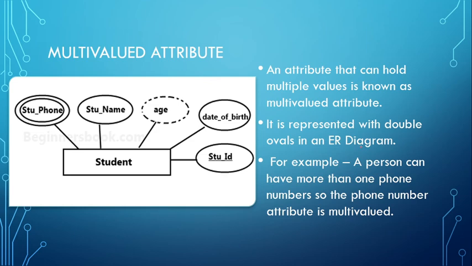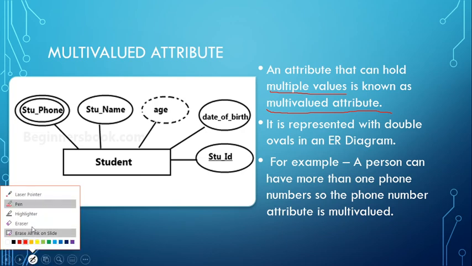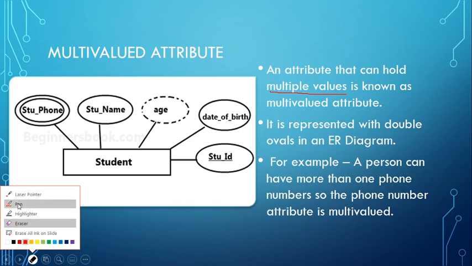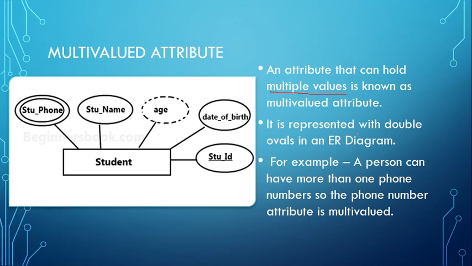So the attribute which possesses multiple values is known as a multi-valued attribute. Let me rub this off. So this is a multi-valued attribute.